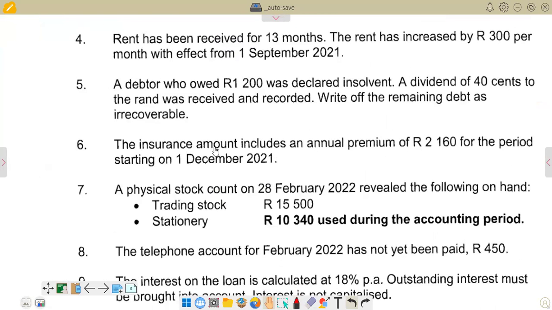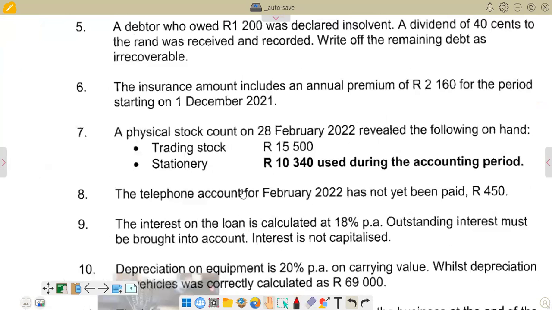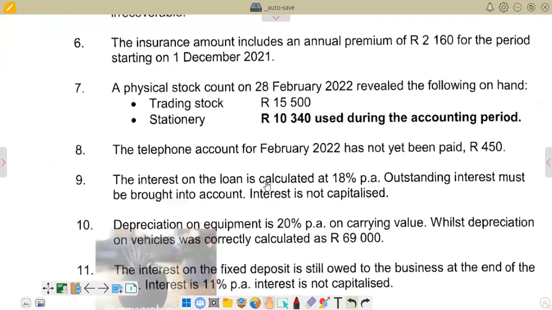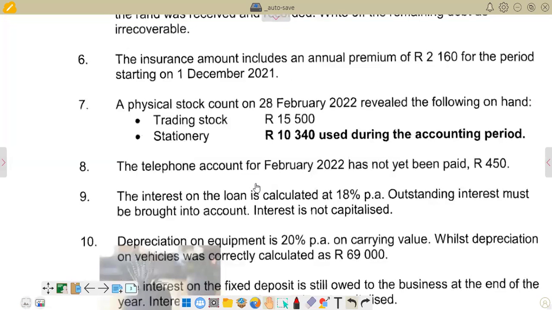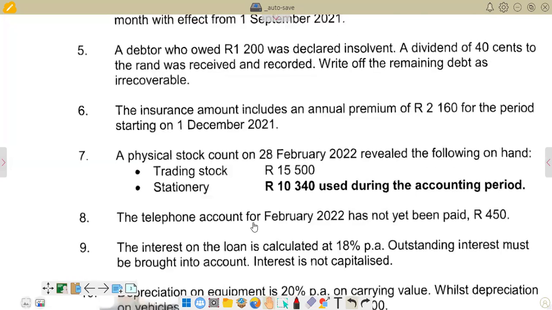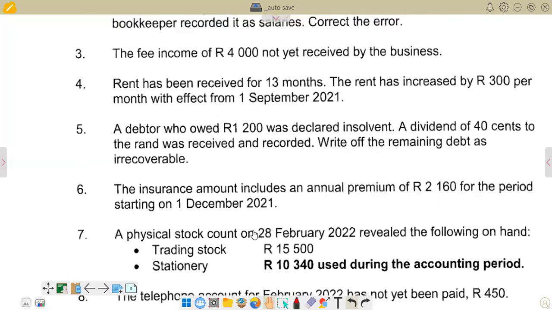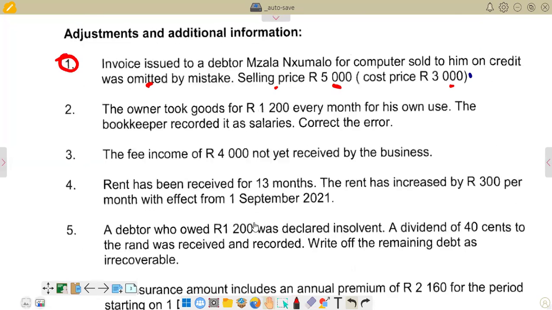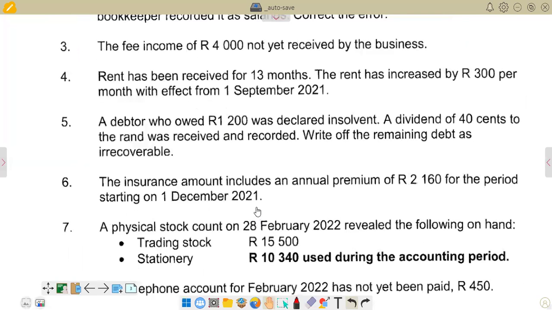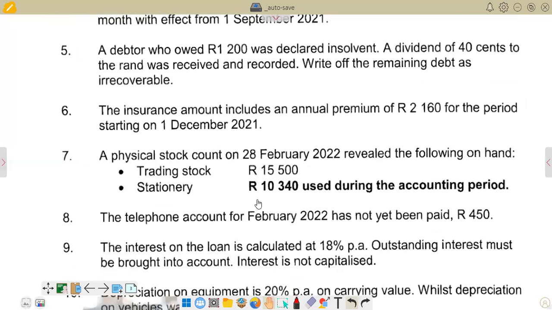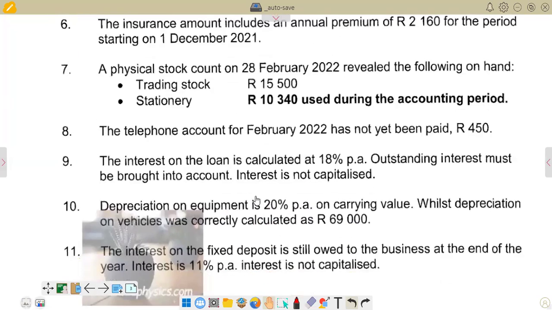But if there's an adjustment, you're supposed to adjust it first, then you enter the net figure, the final answer, in the profit and loss. So if you go down, let's try to see in terms of salaries and wages. Let's try to see in the balances that we are given. You can go down to check if we've got anything that is affecting.